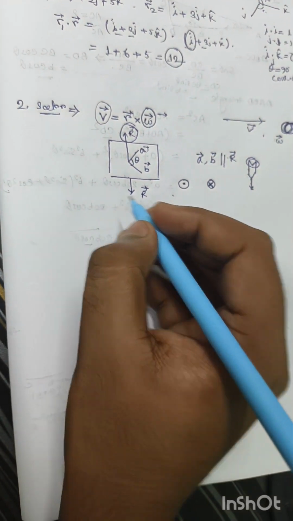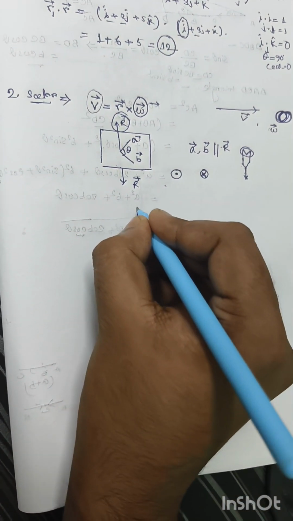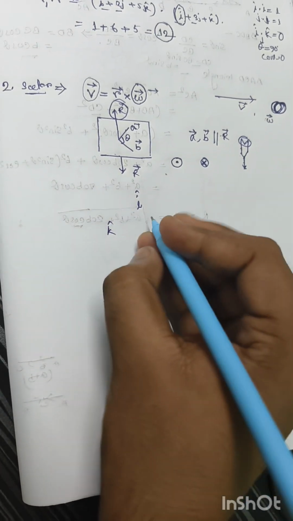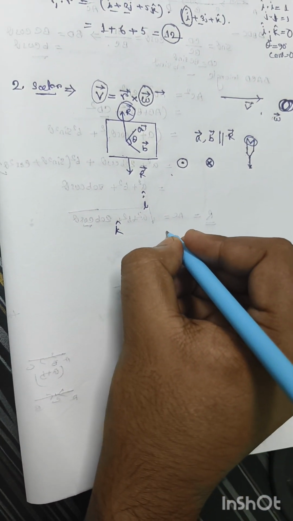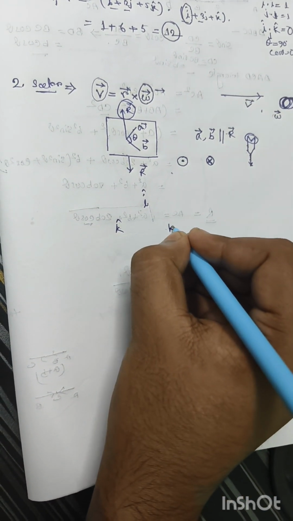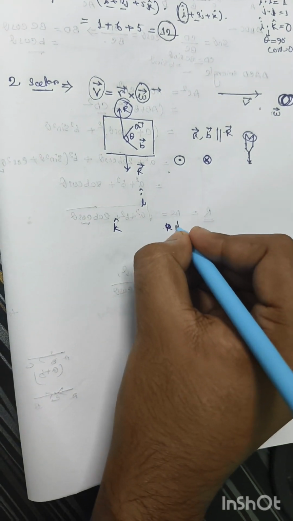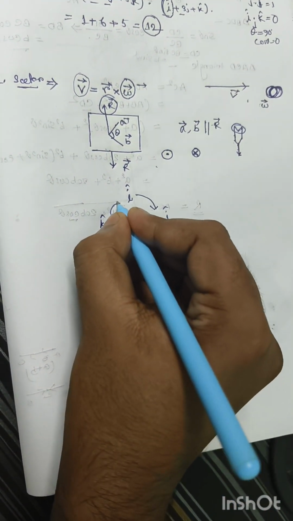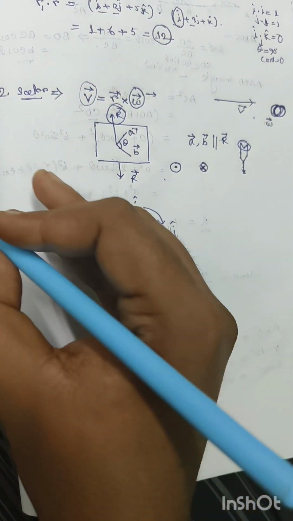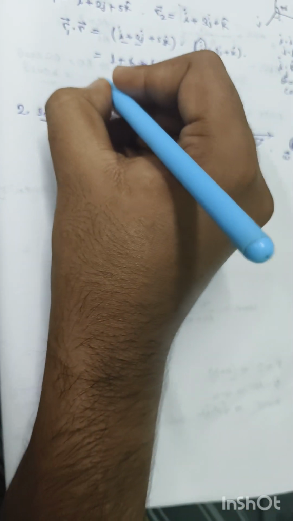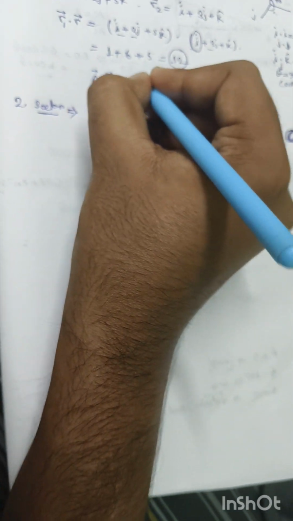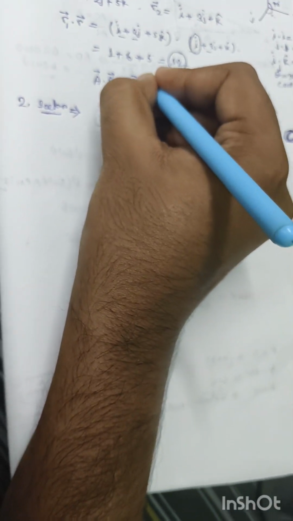But how can we do the vector product? From the first, we can show you this. For the latter part I may have missed something: a vector dot b vector equals b vector dot a vector.